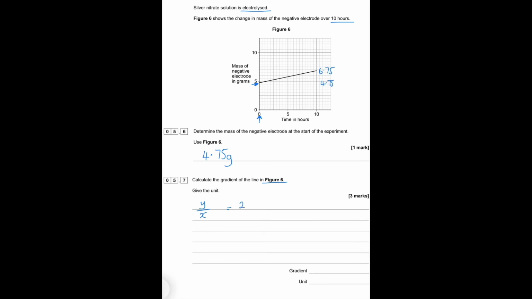So that is 2 divided by the change in x. We're going up to 10 hours here, so 2 divided by 10, and that gives us 0.2. And because we've got grams divided by hours, our units are going to be grams per hour. So our answer is 0.2 grams per hour.